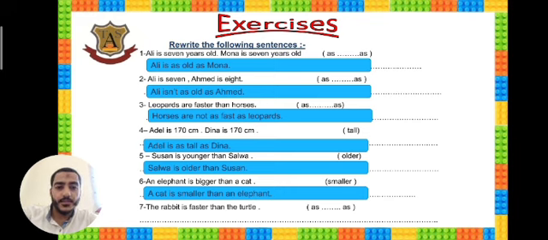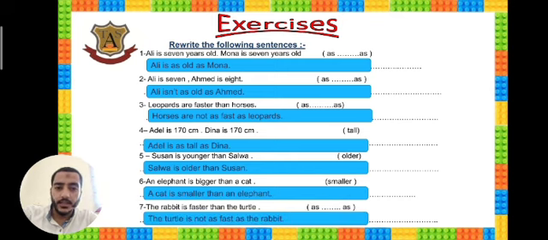Of course, we will start with the slower one, the turtle. The turtle is not as fast as the rabbit. Okay? Why? Because the rabbit is faster than the turtle. So we start with the slower one. The turtle is not as fast as the rabbit. Okay? Is that clear?